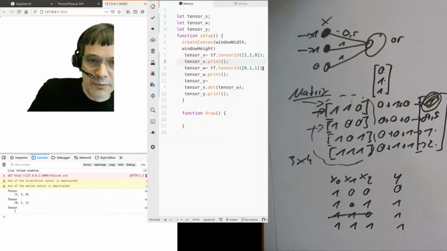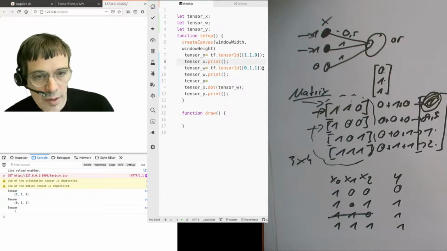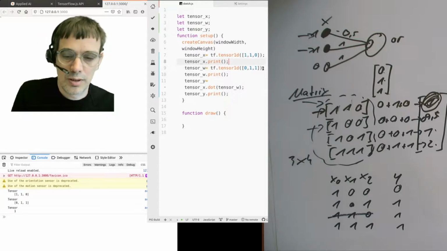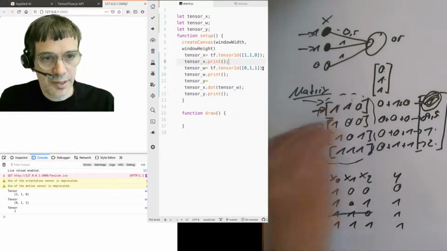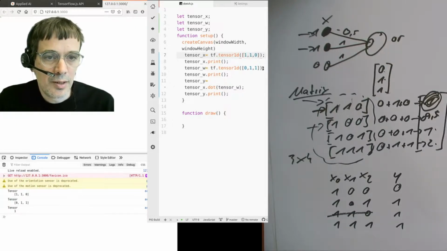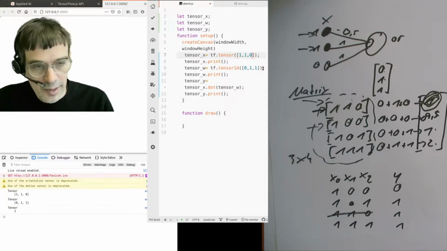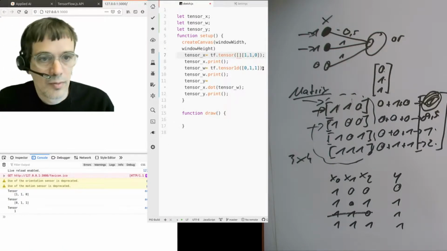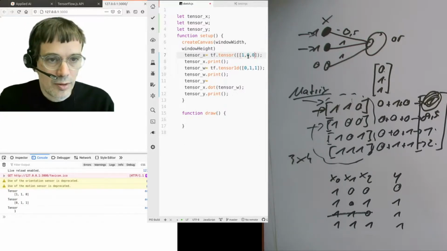Now, if we want to extend this into this more general form where we input a matrix, instead of defining it as a 1D tensor, we define it as a matrix. And now we do it in the right order.